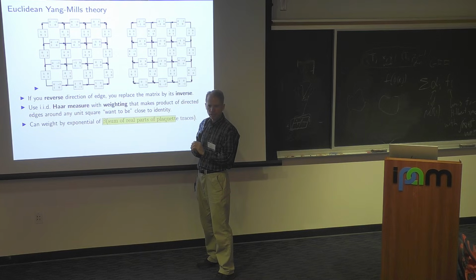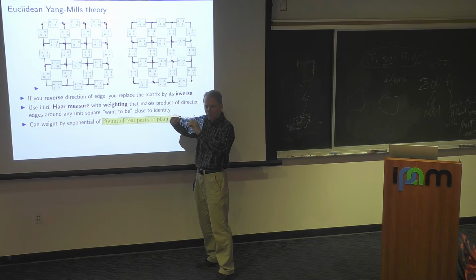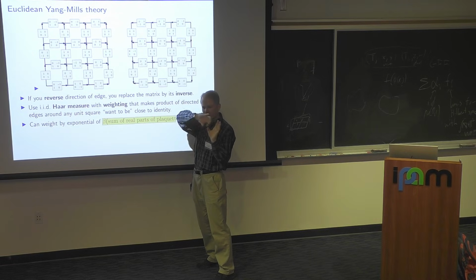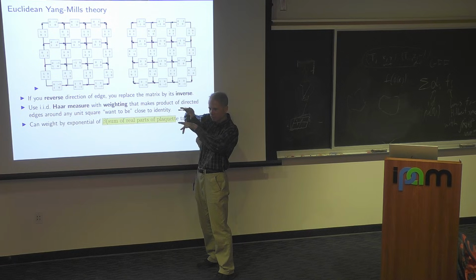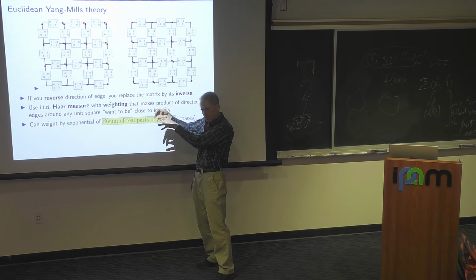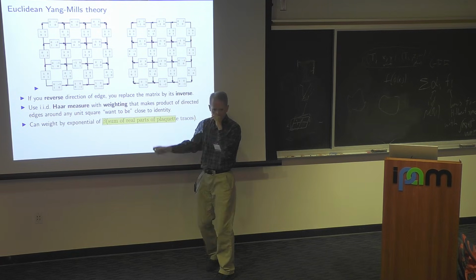So the real part of the trace is big if all the eigenvalues are close to 1, and as small as possible if they are close to -1. When you weight by e to the sum of the eigenvalues, you're pushing them closer to 1. Like a random matrix model, the eigenvalues have some repulsive force between them, and you're putting a little gravity on them that pulls them toward 1.